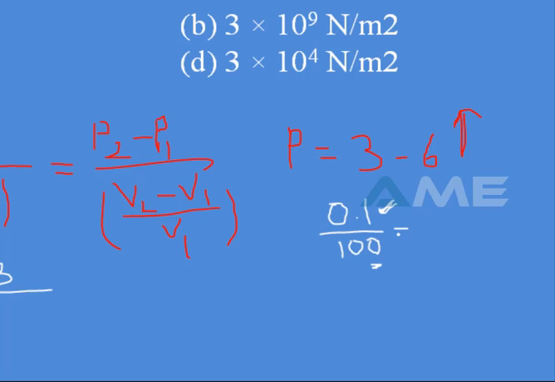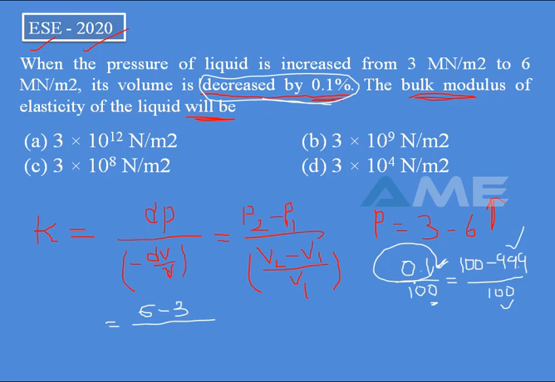That means we can write 100 minus 99.9 divided by 100. Here the original volume is 100 and the final volume is 99.9, that means the volume is decreased by 0.1%, right? 0.1 is decreased in this value, like 100 minus 99.9 is equal to 0.1, that means 0.1 part is decreased in the volume.